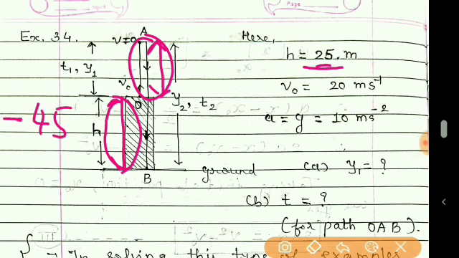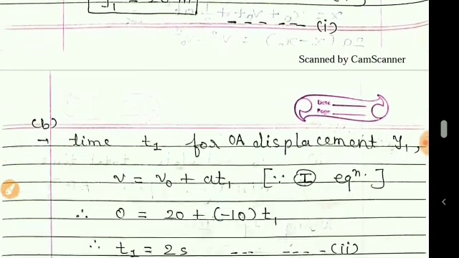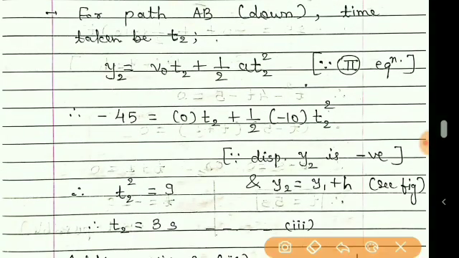And why is it negative? Because we are moving now from upward to downward direction, and so it is the negative y direction, and so displacement is taken negative. So here y2 is minus 45, initial velocity is 0, acceleration due to gravity is minus 10, rest of the things as it is. So you can see only t2 is unknown.